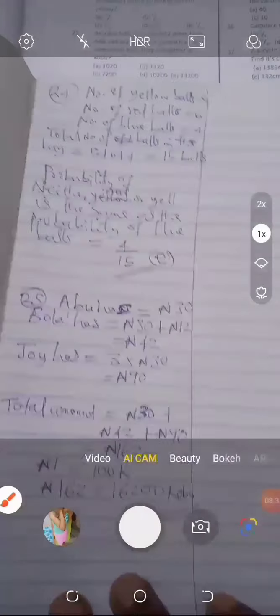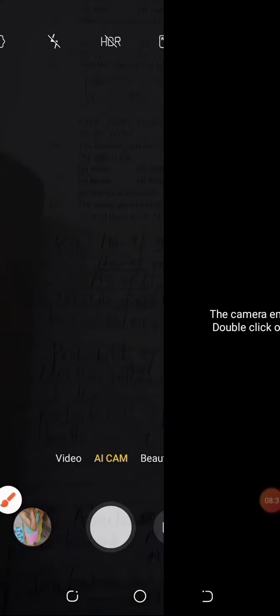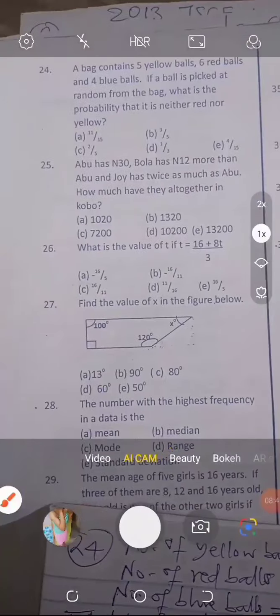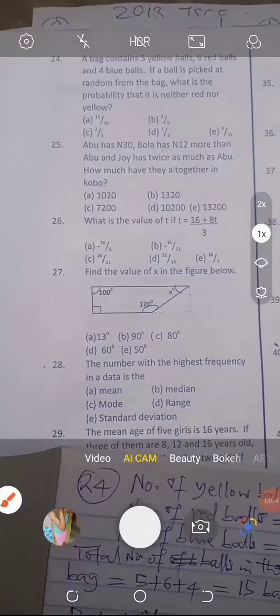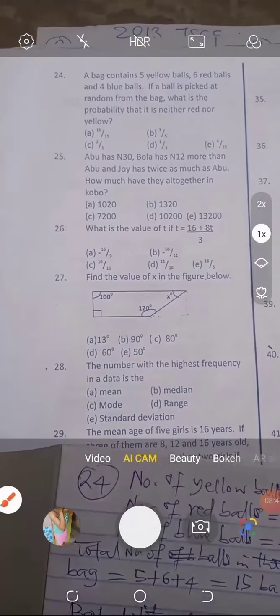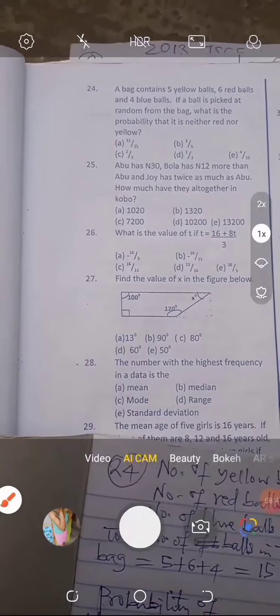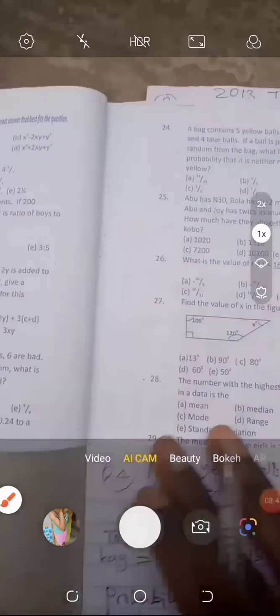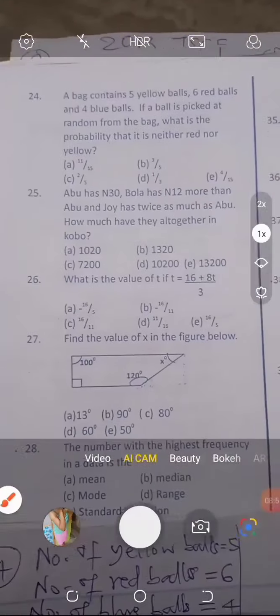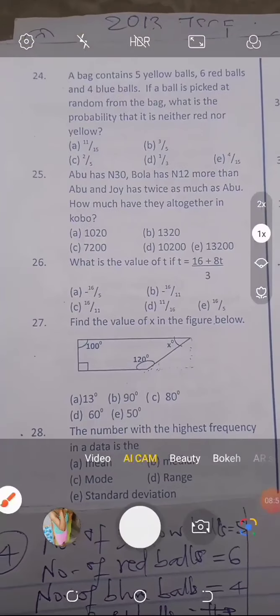Now, that is supposed to be the answer to that question from what the question is saying. But when you look at the options, you find out that none of them give the answer we have solved, which means there is a problem with the question. Normally, the question would have been from the answers they are having.